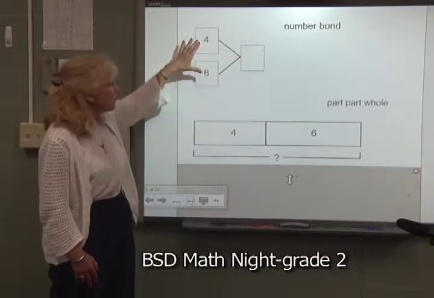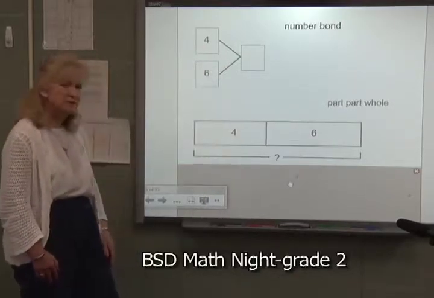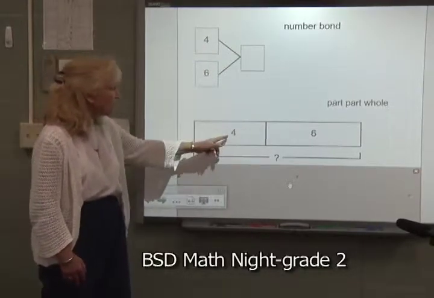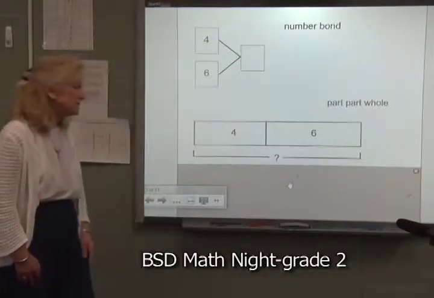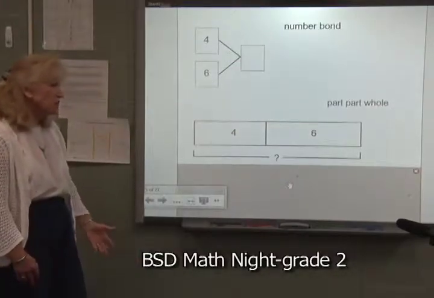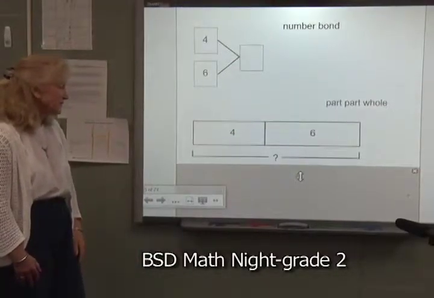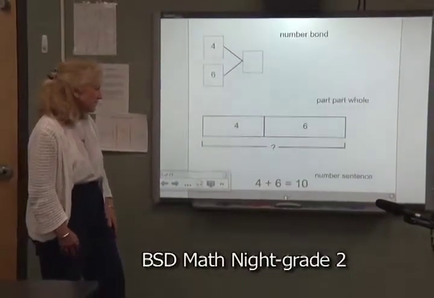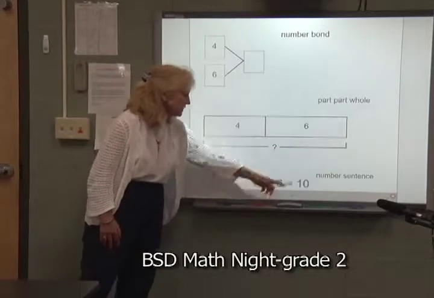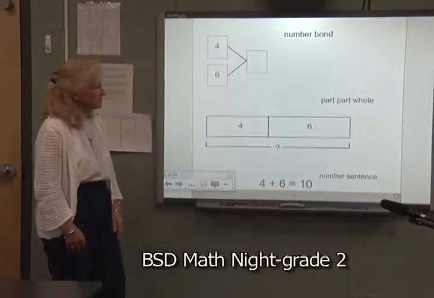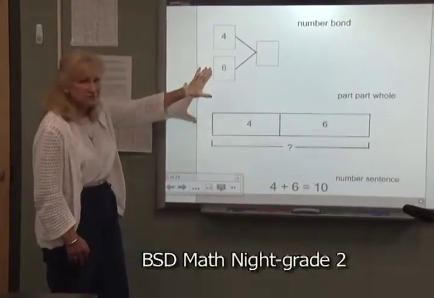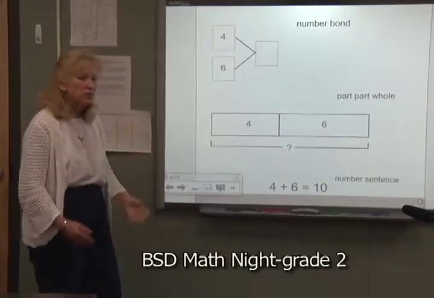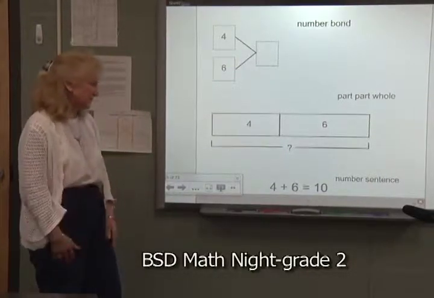Here's the part-whole model that a student would work with for this number bond. 4 is slightly smaller than 6. And our equation for this, Sally? Number sentence. 4 and 6 more is the same as 10. So these are visual models to help with putting numbers together.